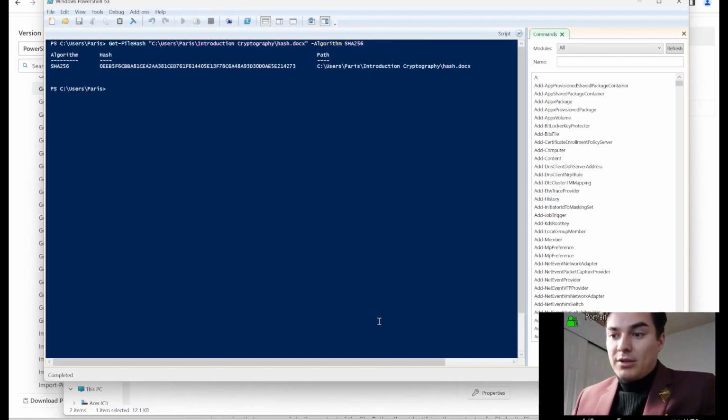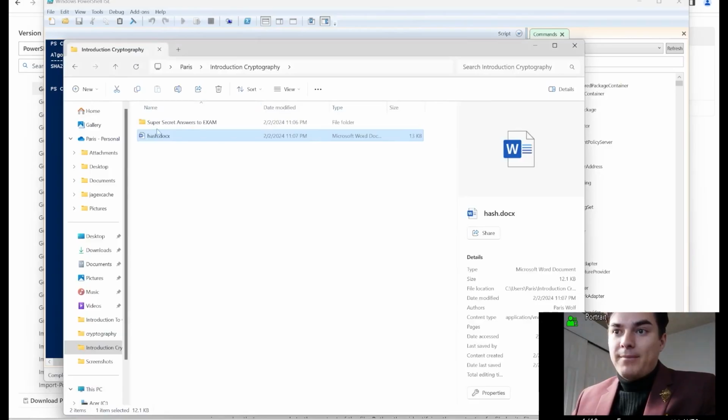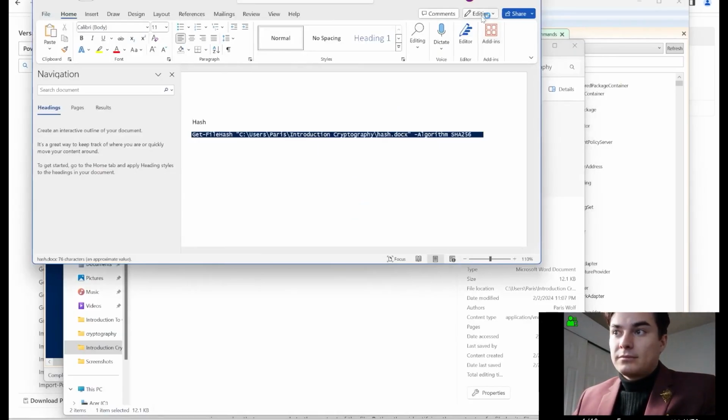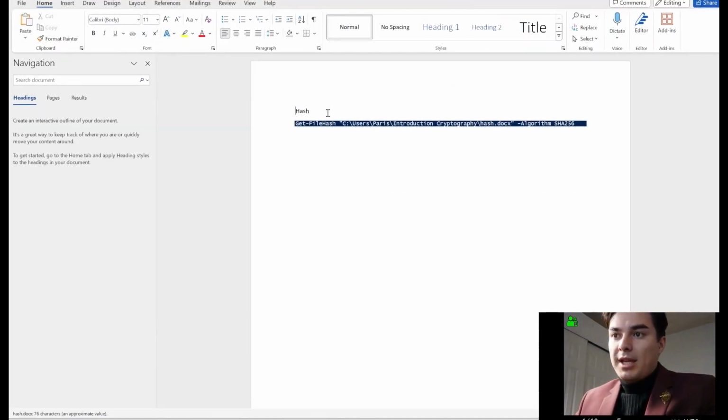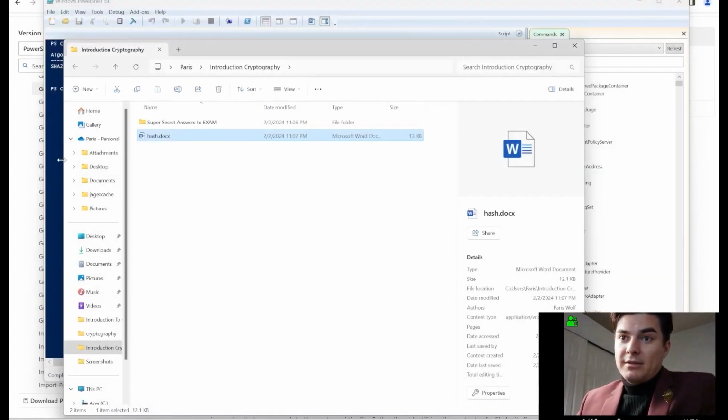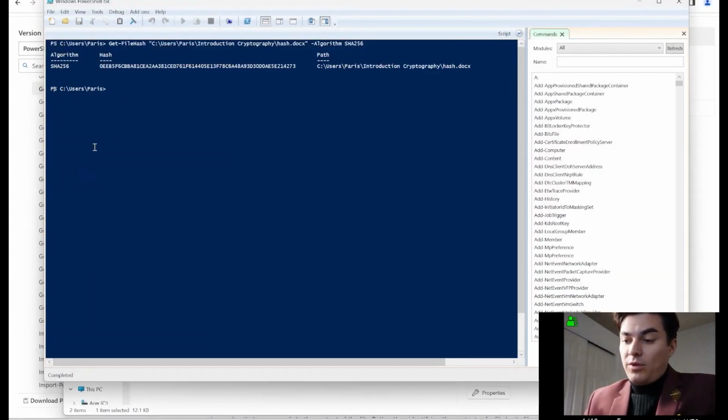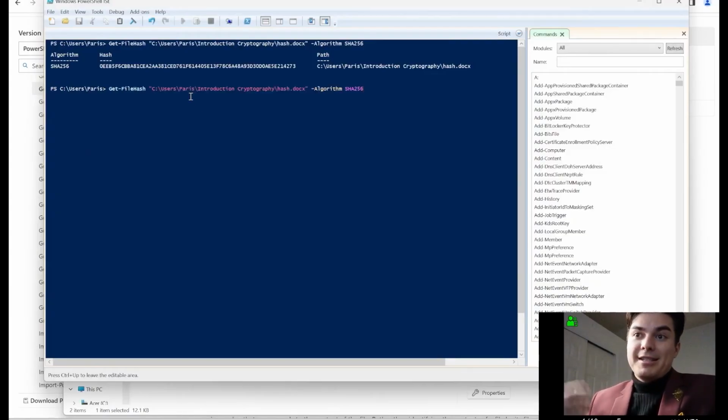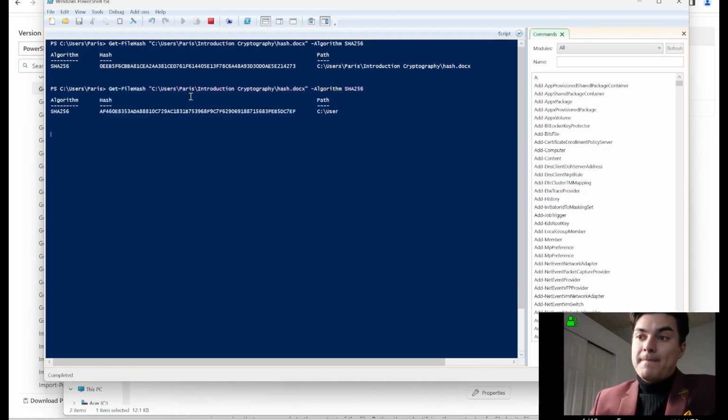So the output's here, and now we want to open this file up. We're just going to change the first character by putting a space on the first character of this file. We're going to save it and then X out of it. Now if you push the up arrow in PowerShell, it's going to repeat the previous command from the history.